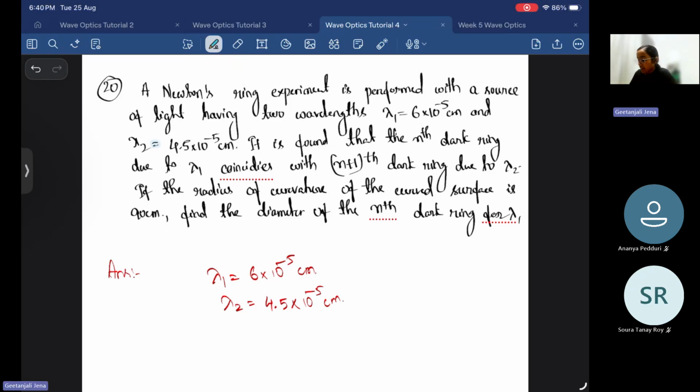It is found that the nth dark ring due to lambda 1 coincides with the n plus 1th dark ring due to lambda 2. If the radius of curvature of the curved surface is 90 centimeter, find the diameter of the nth dark ring for lambda 1.